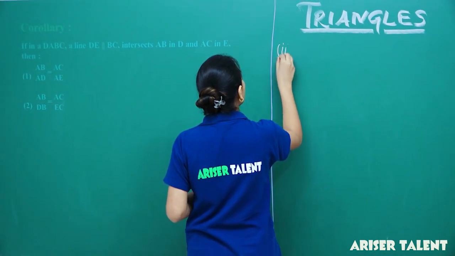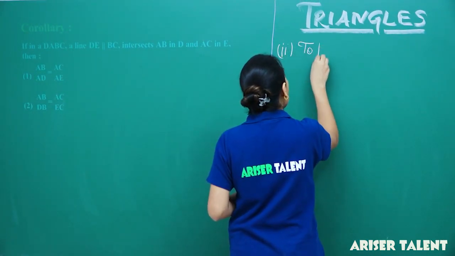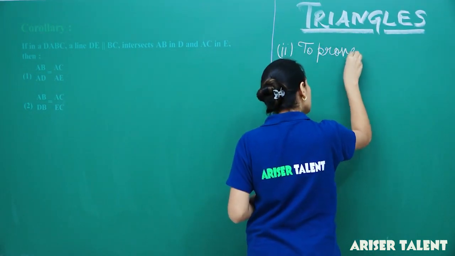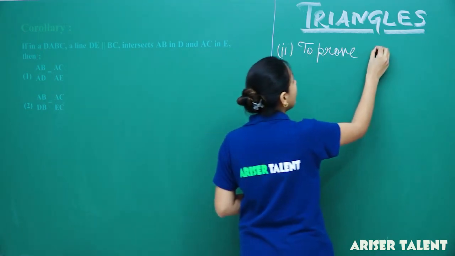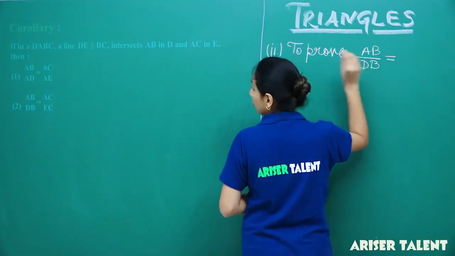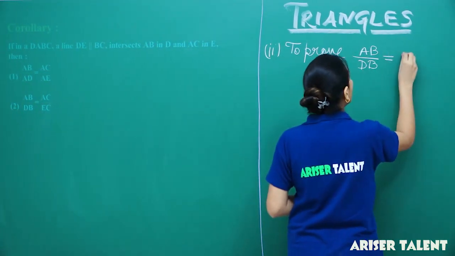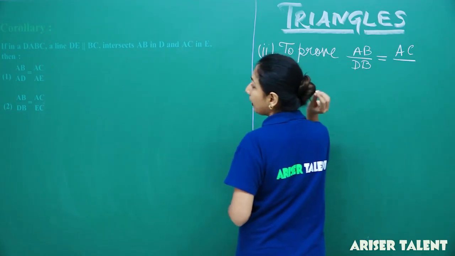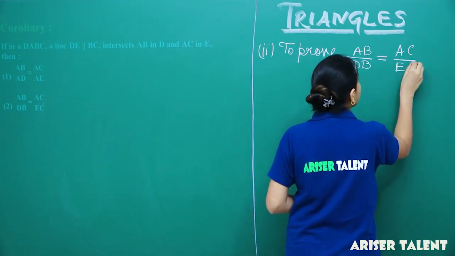So, the second part we have to prove is AB by DB should be equal to AC by EC.